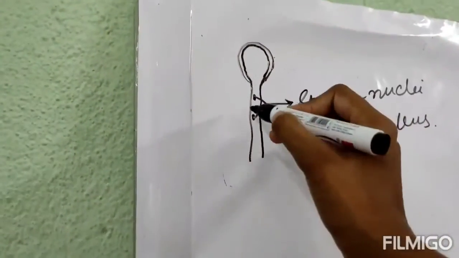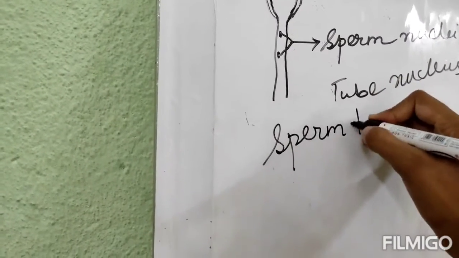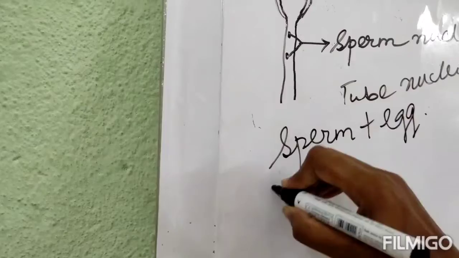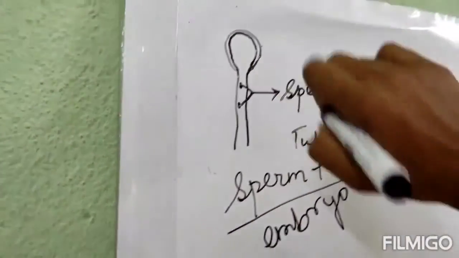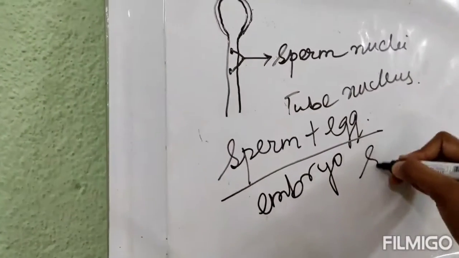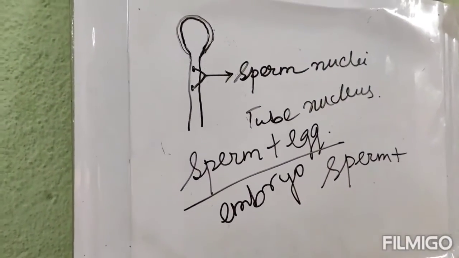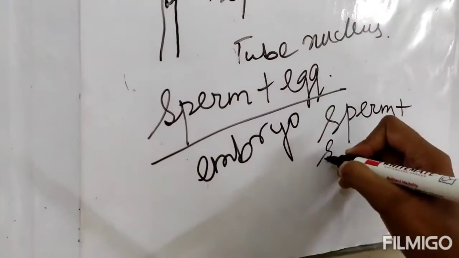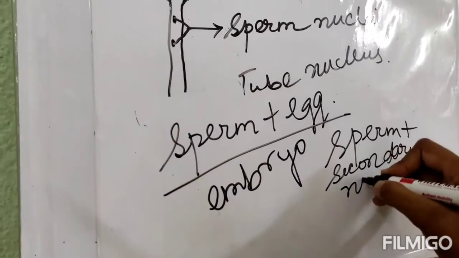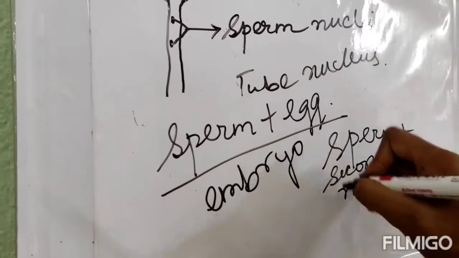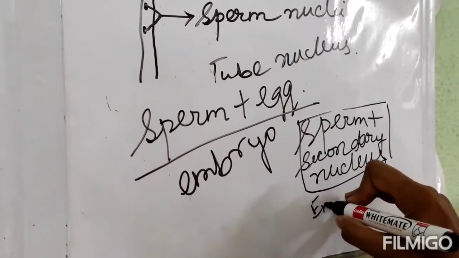One sperm will fertilize the egg and will form the embryo. Next, what will happen to the other sperm? The second sperm will fuse with the secondary nucleus, and this will form the endosperm.